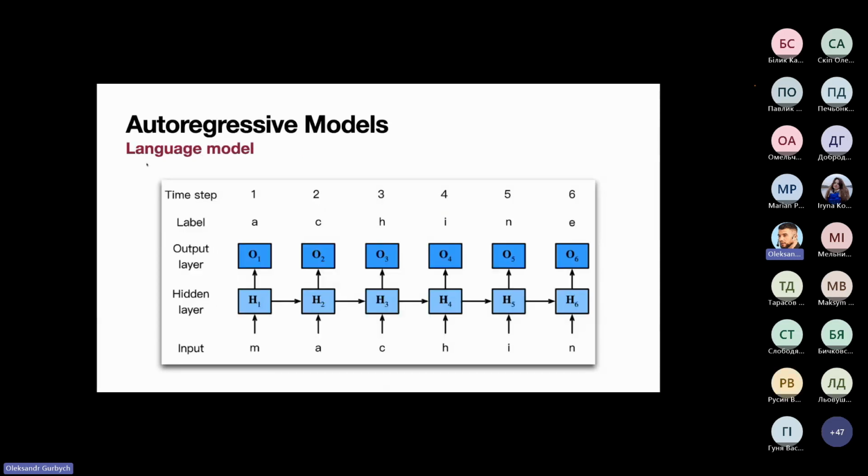Autoregressive models, language model. In front of you, you can see how this concept, this architecture that I just described, can be applied to a toy problem. Let's say we want to generate text. To generate text, we need to learn the structure and the interdependencies of the letters inside the text.